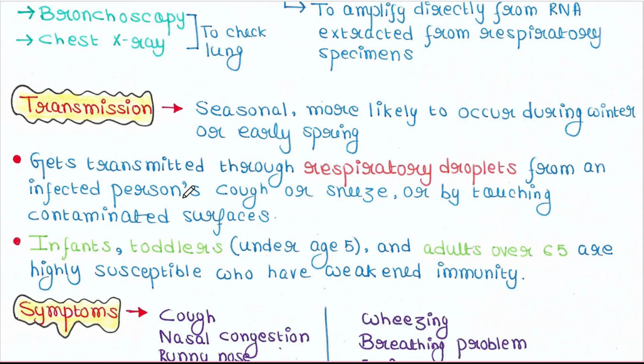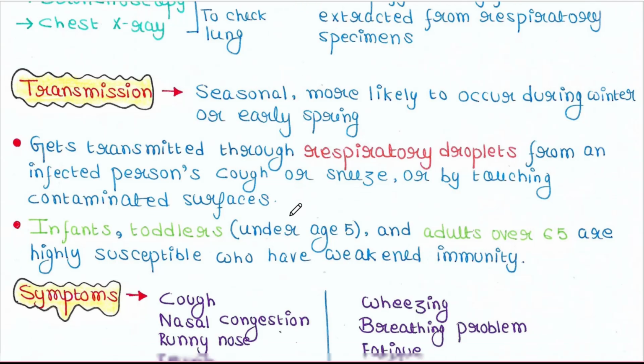Okay, next let's talk about its transmission. The transmission of HMPV is seasonal, that means it is more likely to occur during winter or early spring. It gets transmitted through respiratory droplets from an infected person's cough or sneeze or by touching contaminated surfaces, just like the COVID-19 coronavirus.